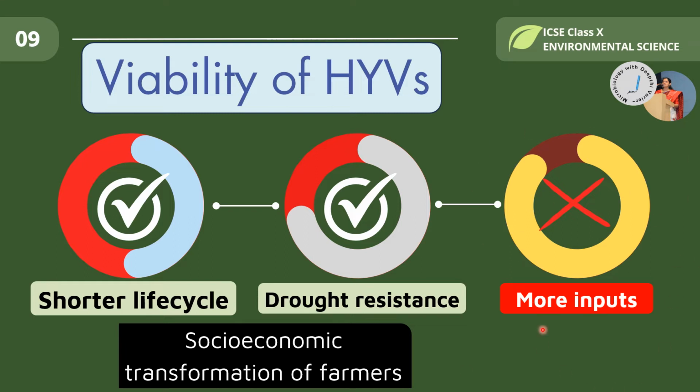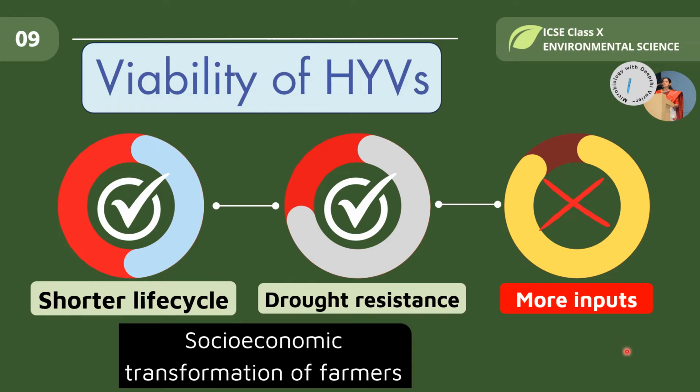But the disadvantage is that you need to have controlled irrigation. The demand for controlled irrigation in HYVs is very high. You cannot simply pour water on them because they want controlled irrigation, controlled doses of fertilizers. Some HYVs are also susceptible to pests and insects, and they generally need more inputs like water, pesticide, fertilizers.